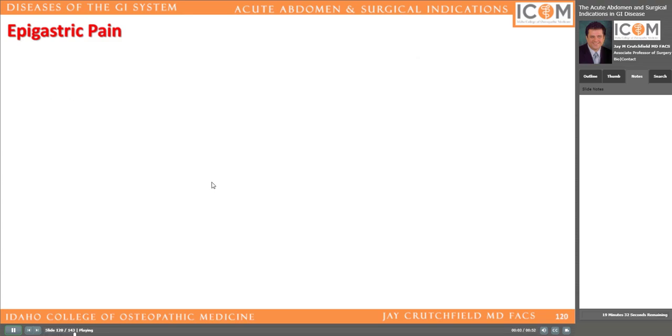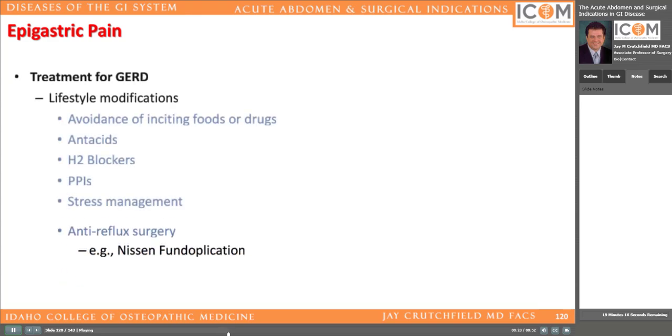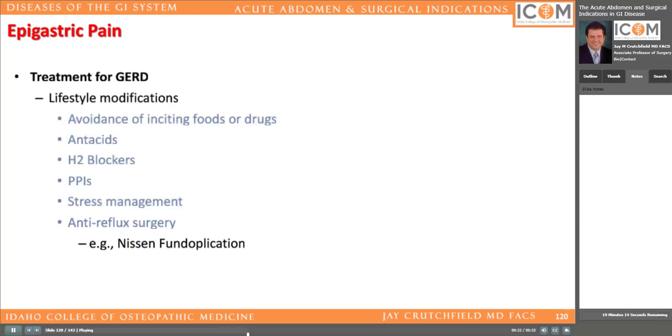Gastroesophageal reflux disease is often the result of underlying gastritis combined with reflux of acid up into the esophagus from a weakened lower esophageal sphincter. Treatment for gastroesophageal reflux disease includes some modifications in lifestyle, weight loss, avoiding the foods or drugs that cause heartburn.